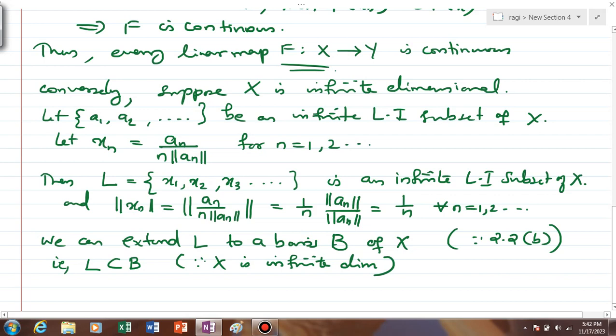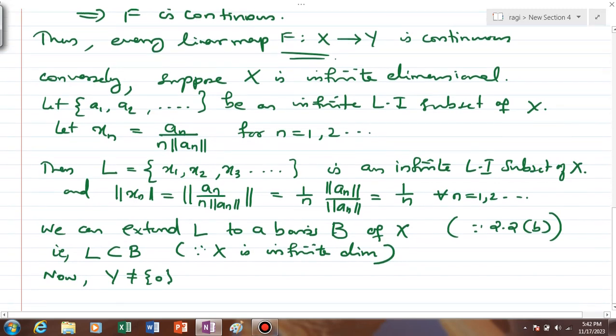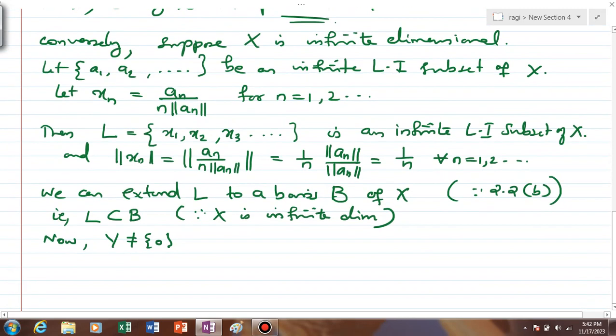Now, given Y is not equal to the set {0}, we can choose a non-zero element from Y; choose b, an element of Y, such that b is not equal to 0.